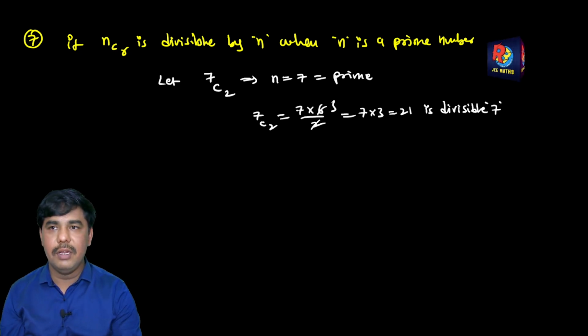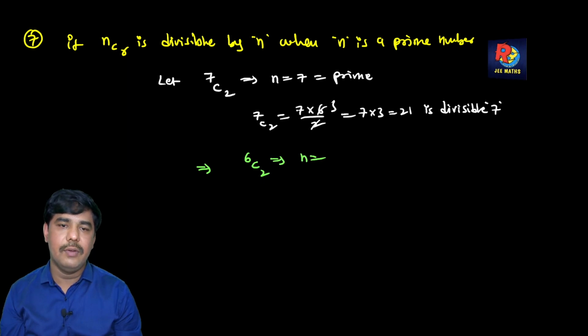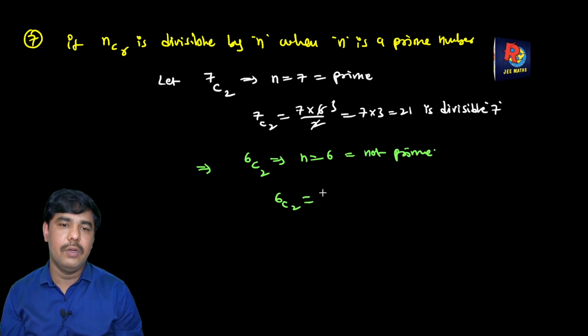If I take one more example, 6C2: n equal to 6 is not a prime number. So how will it be? Check the 6C2 formula: 6C2 equals 6 into 5 by 2. Two 3s are 6, so therefore 15.